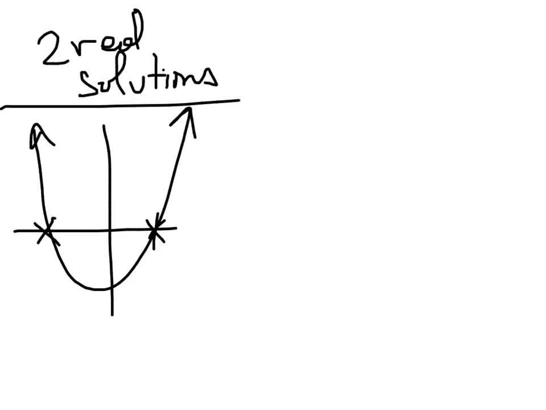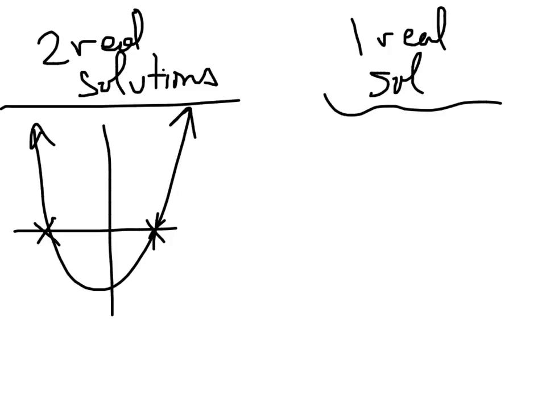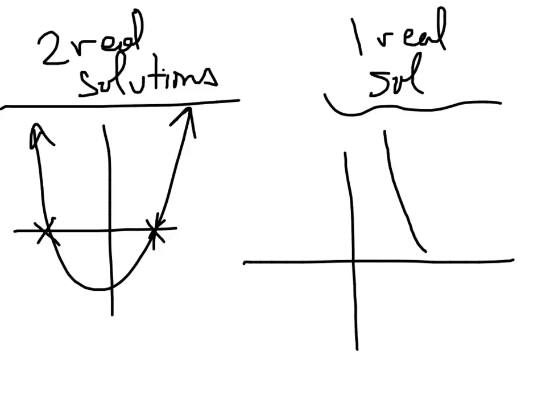If it has 1 real solution, how many times will it hit it? Once. And you guys have seen that already. If it only hits it in 1 spot, that's only 1 real solution.